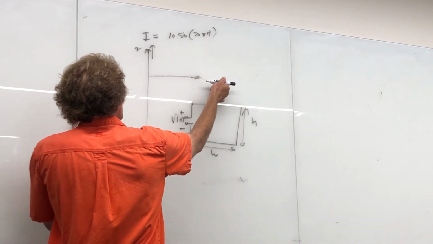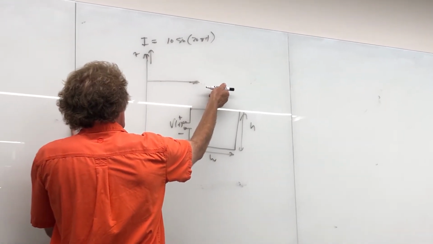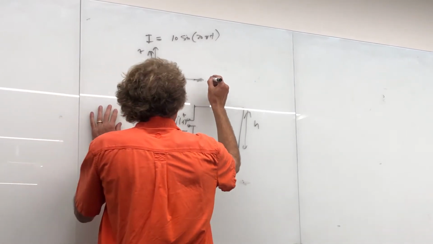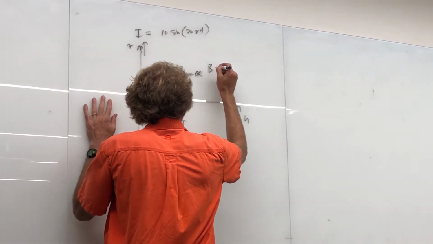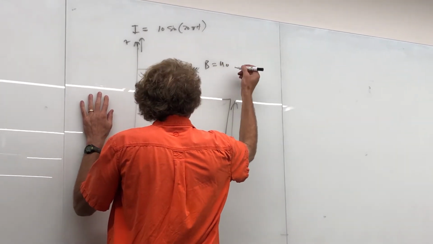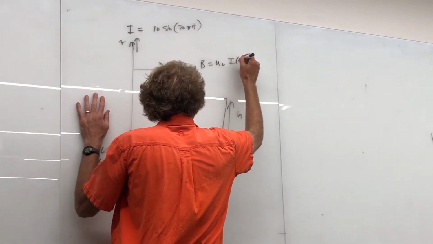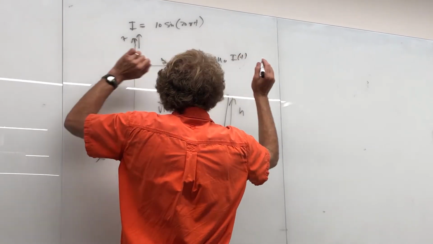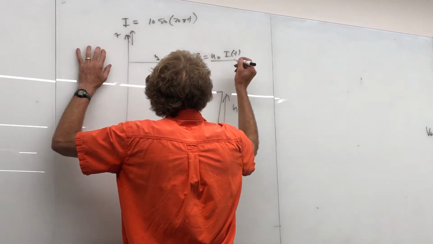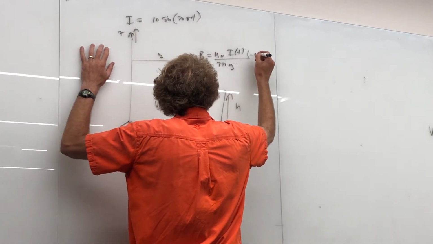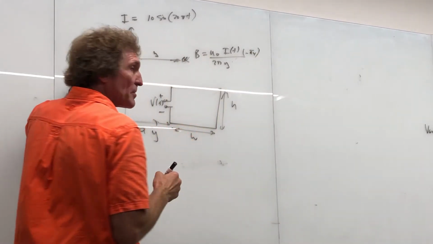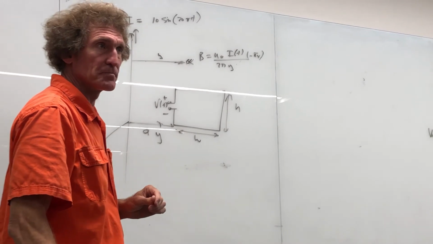In this plane, is it into the board or out of the board? It's pointing in, right? And as a matter of fact, the B field, if this distance is y, would be equal to mu naught, assume it's in the air, I of t, remember it's a function of time now, I'm just going to leave it as I of t, over 2 pi y, and it would be in the minus a_x direction. Do you agree with me, class?